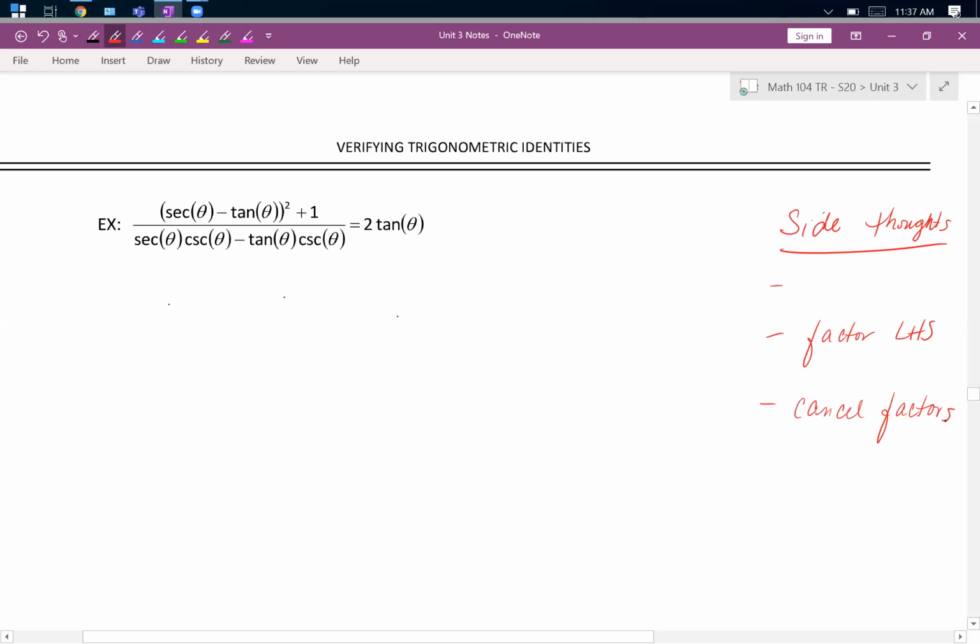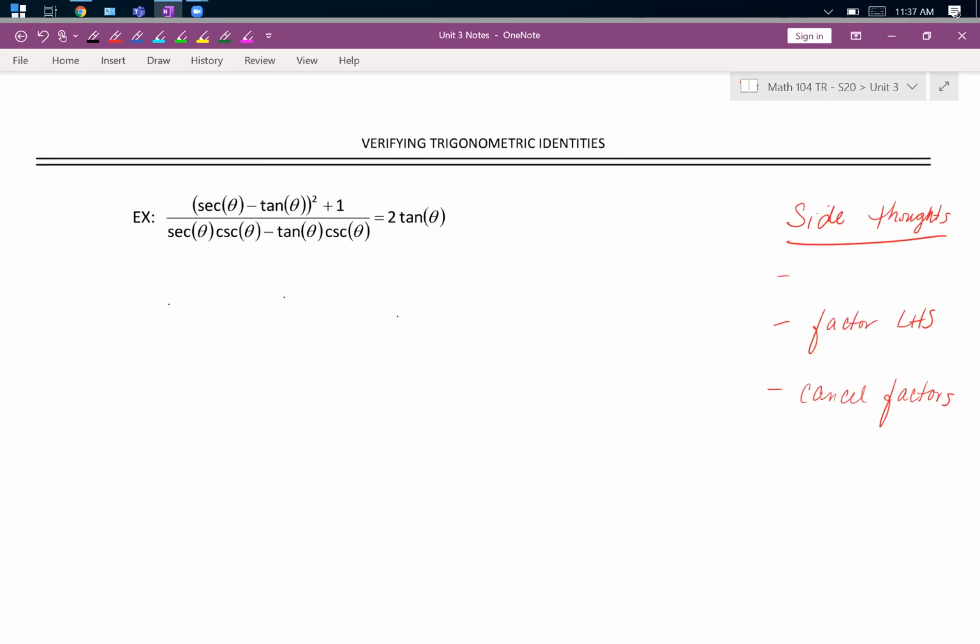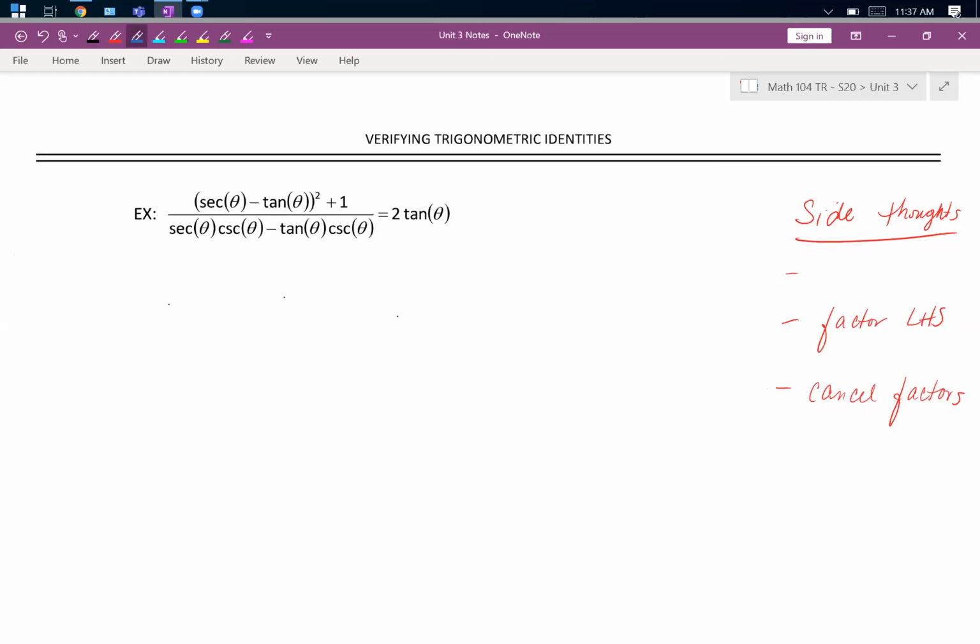Is that numerator ready to factor? Can we factor secant minus tangent quantity squared plus 1? You can try stripping it down. Secant minus tangent squared plus 1. When you look at that, can you factor that?